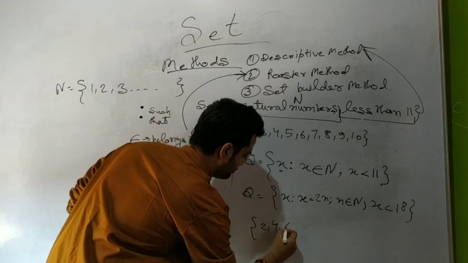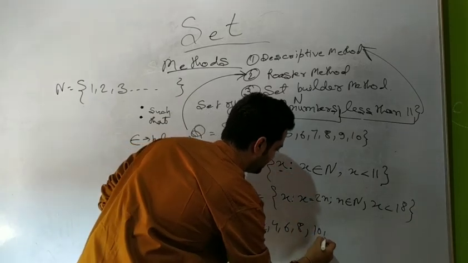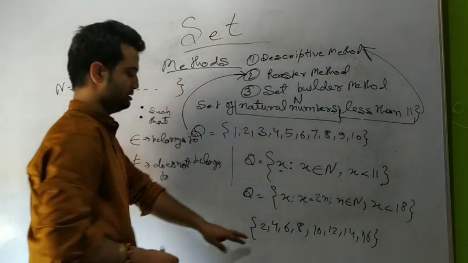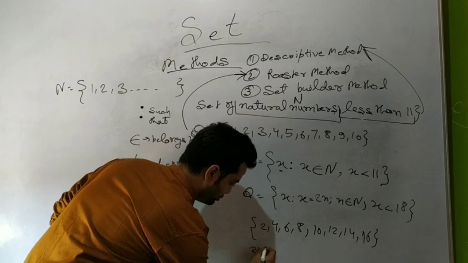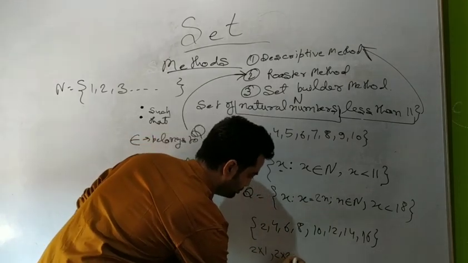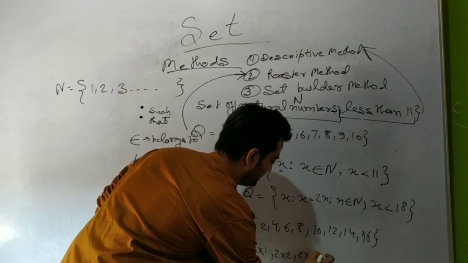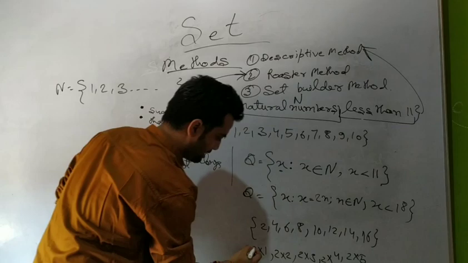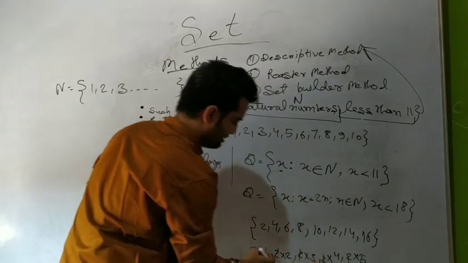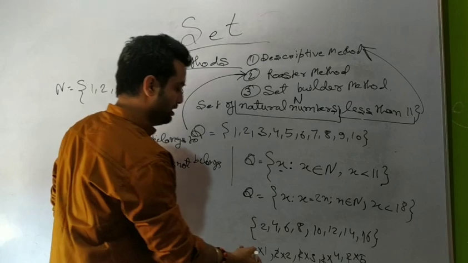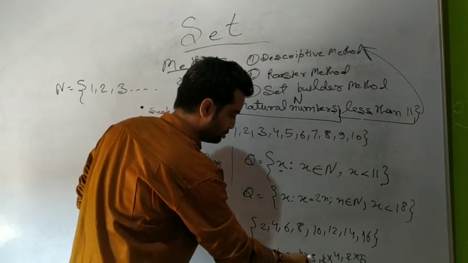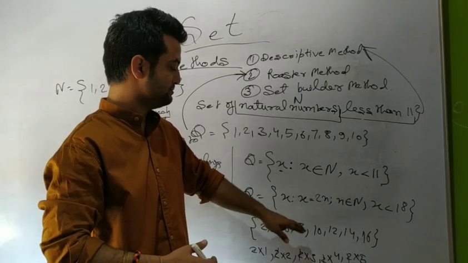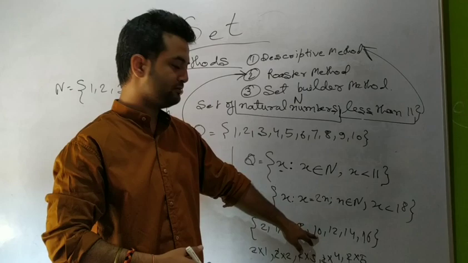The numbers were 2, 4, 6, 8, 10, 12, 14 and 16. For 2, it is 2 into 1. 4 is 2 into 2. 6 is 2 into 3. 8 is 2 into 4. 10 is 2 into 5. If you take out the 2, you will see that the numbers which the 2 is multiplied to are basically the natural numbers 1, 2, 3, 4, 5. 2 ones are 2, 2 twos are 4, 2 threes are 6, 2 fours are 8, 2 fives are 10.